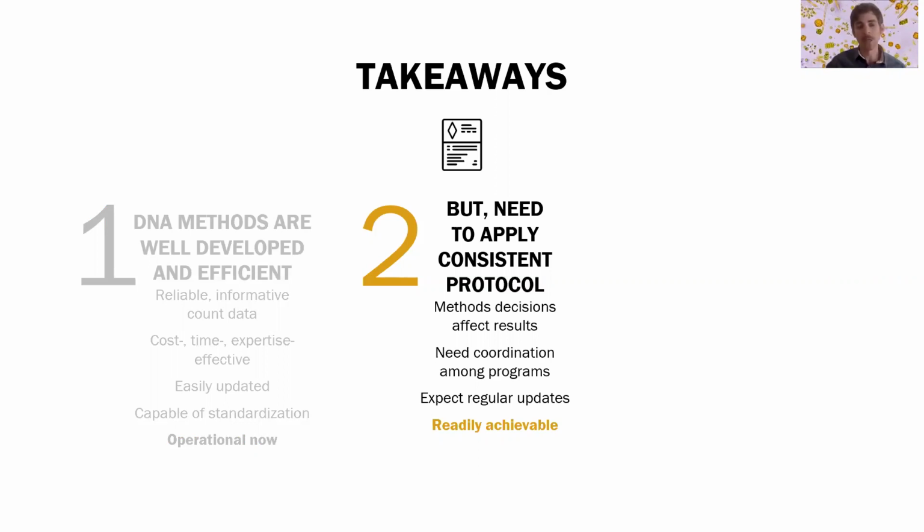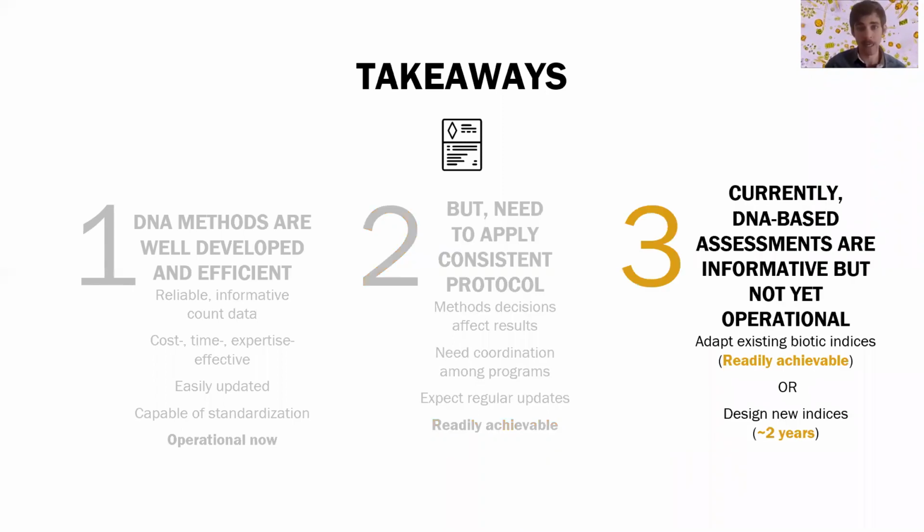So we need coordination among programs, among researchers, analysts, and agencies to better reduce the variability in those methods decisions, and to be able to better achieve regular updates. And this is all readily achievable. Again, the DNA methods are there. We just need to put a little bit more effort into coordinating those methodologies among the people that are going to be using these data.